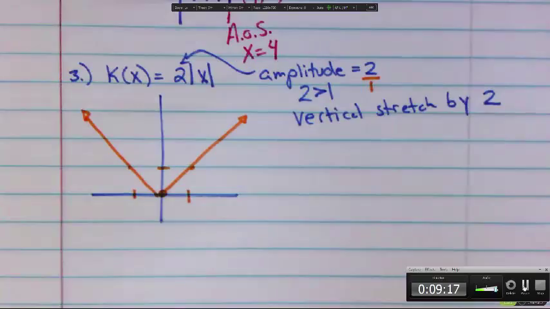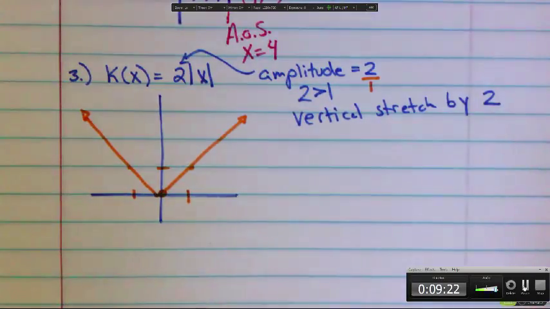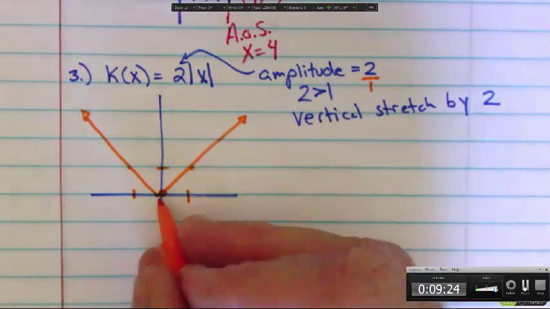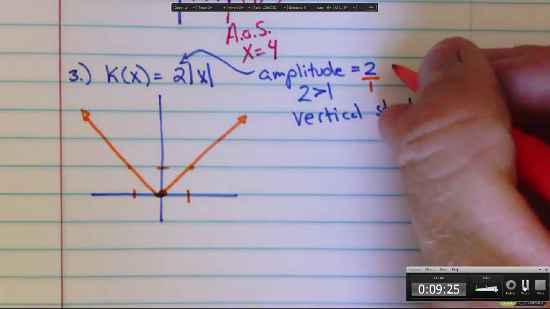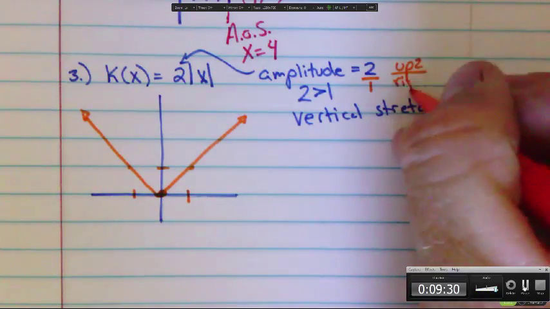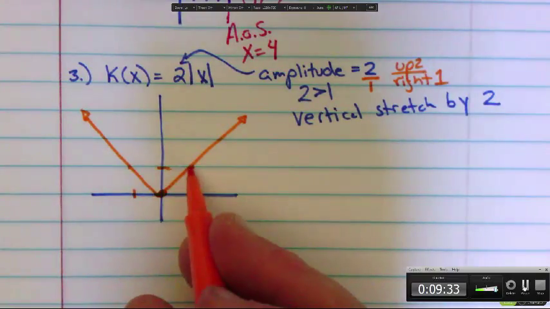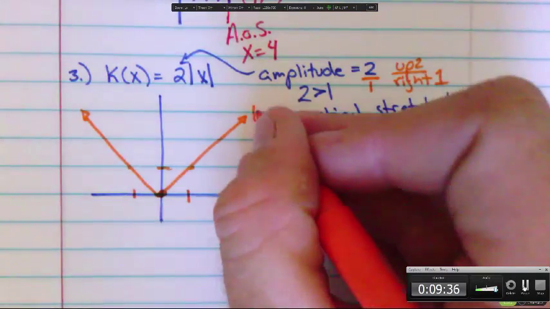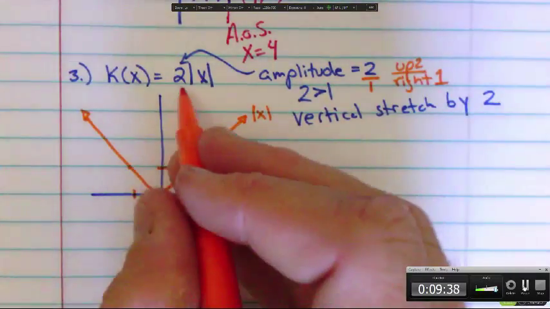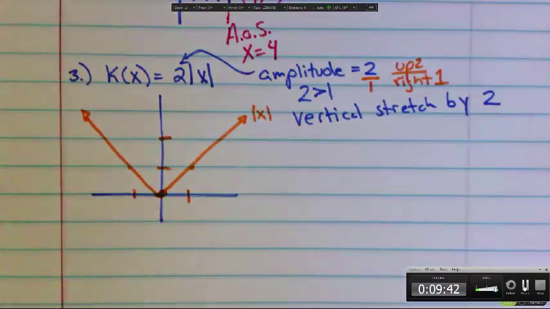Now, if you remember the comment I made when we were doing the quadratic function, this only tells you how to get from the vertex to the very next point. So 2 over 1 means we would go up 2, right 1. So rather than going up 1 over 1, which is the parent function, absolute value of x, we're now going to go up 2, right 1.